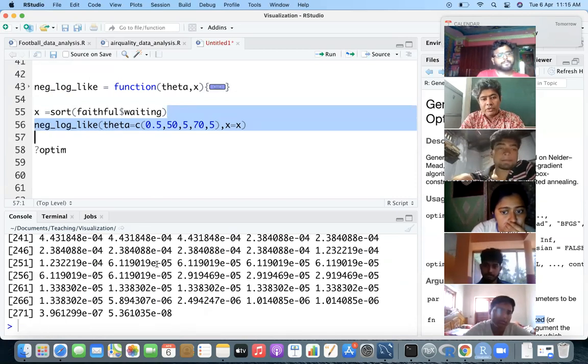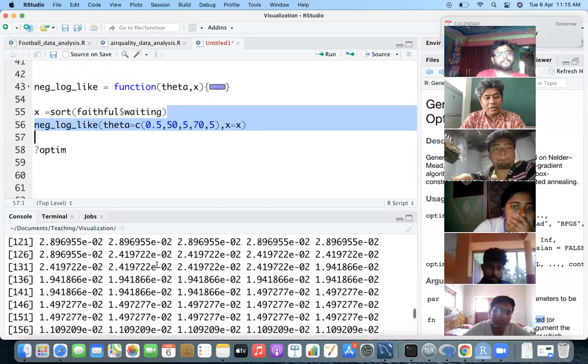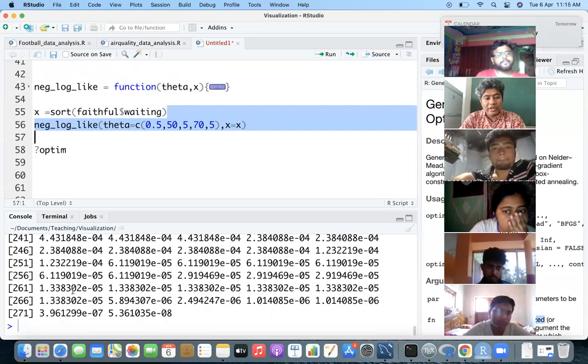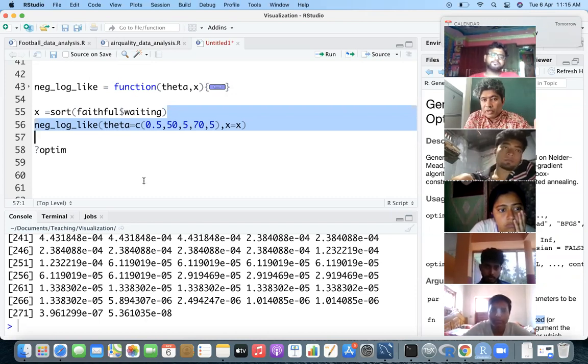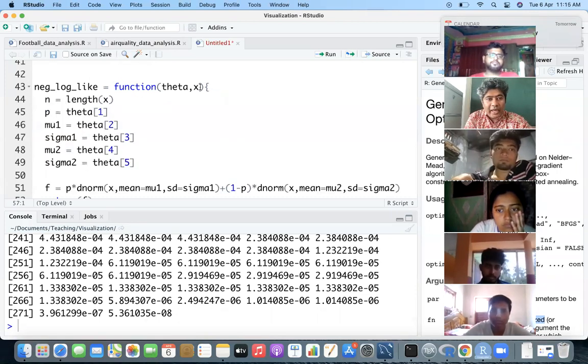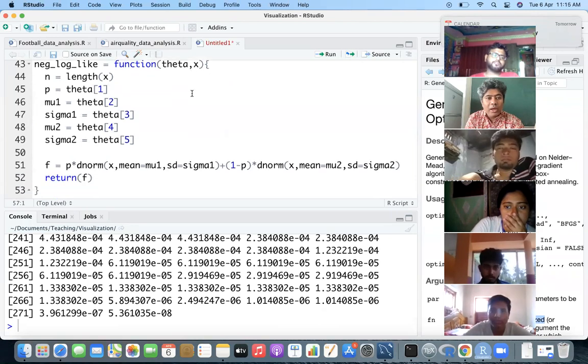Now we can see some values, 272 of them. This is the 271st value and this is the 272nd. Is it clear why we are getting 272 values? Because X has 272 values, and in each of those values I am evaluating the PDF and returning it.